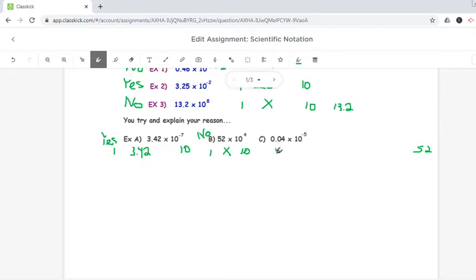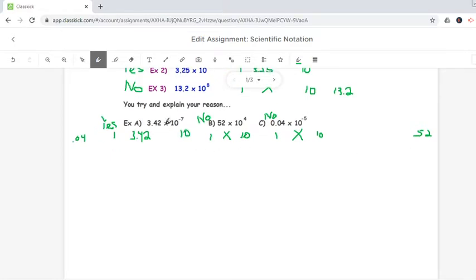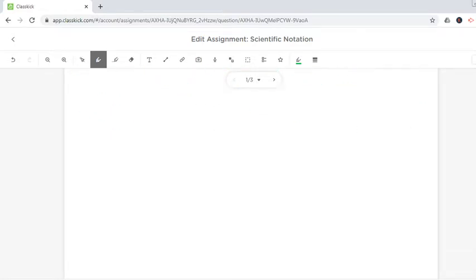Okay, we have 1 and 10. 0.04 is not between 1 and 10. Ooh, it's way down here. So, no, can't do this one. Okay, but we can do this one, 3.42. So, let's figure out how we can do this problem.